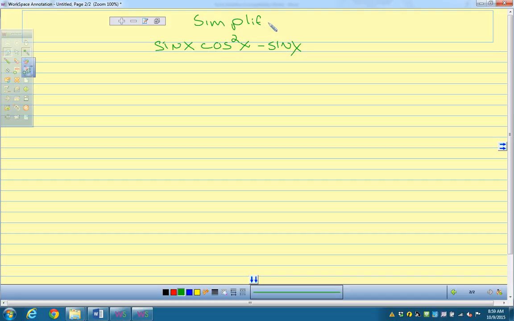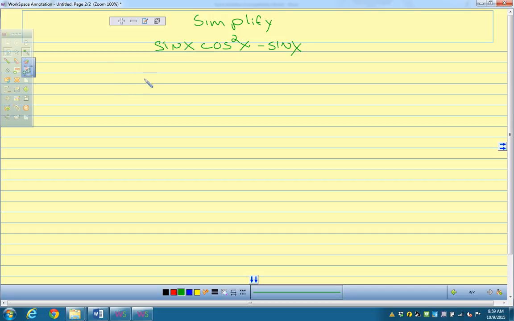Anyone see something I can do in there? You divide sine of x from... Well, you can't really divide it because there's nothing on the other side, right? You can't just divide something away, but you can factor it out, okay?